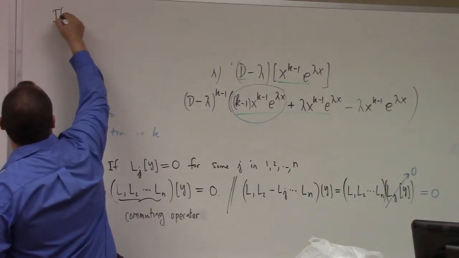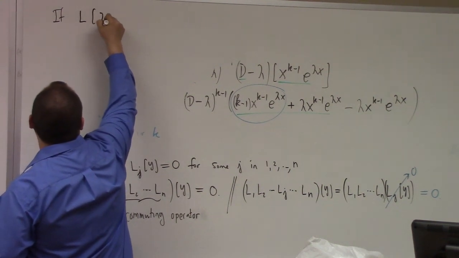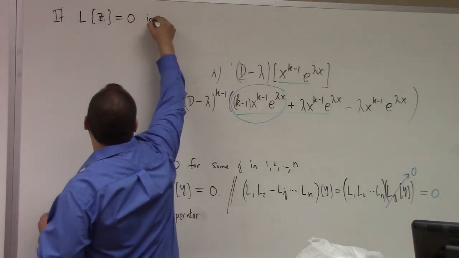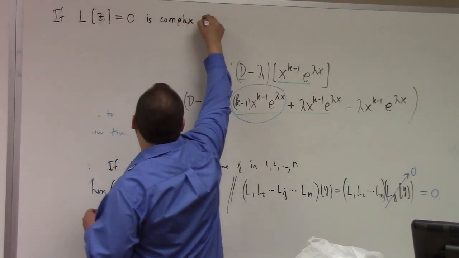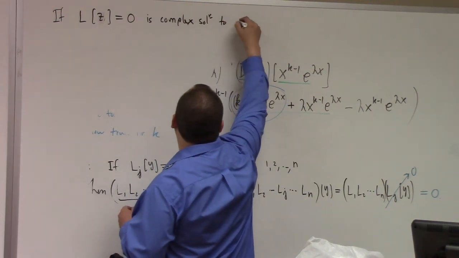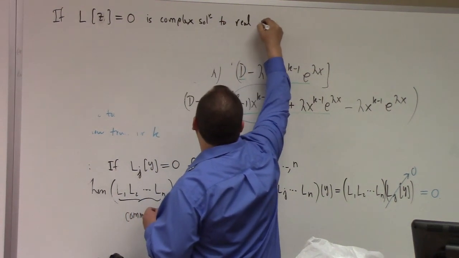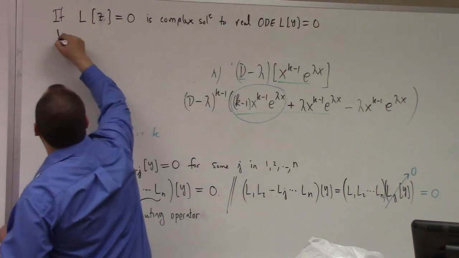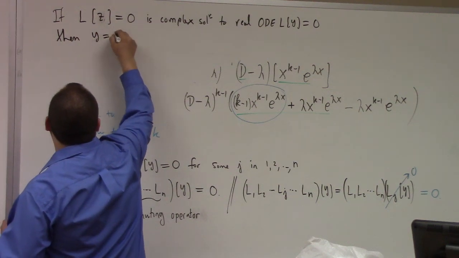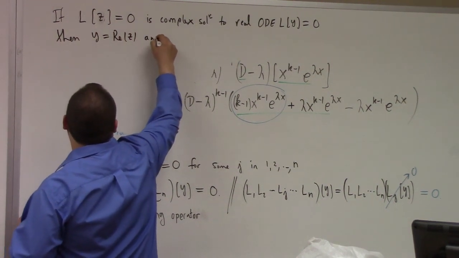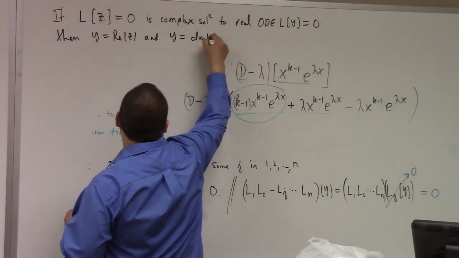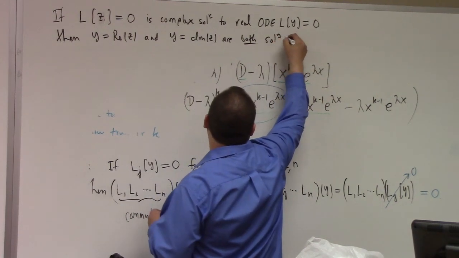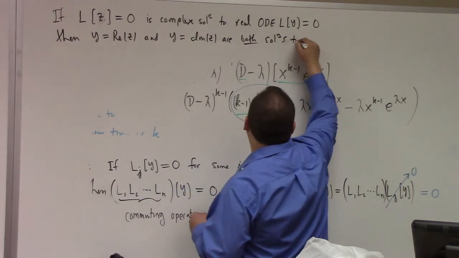If L of Z equals 0 is a complex solution to the real ODE L of Y equals 0, then Y equals the real part of Z and Y equals the imaginary part of Z are both solutions to the star equation.